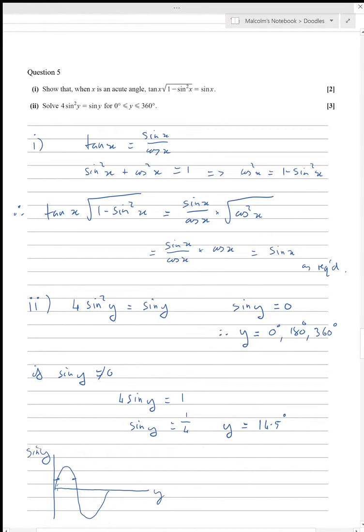So at 14.5 degrees and at 180 minus 14.5, which is 165.5 degrees. So those are my answers then. 5 possible values that satisfy that equation, and I believe that's job done.